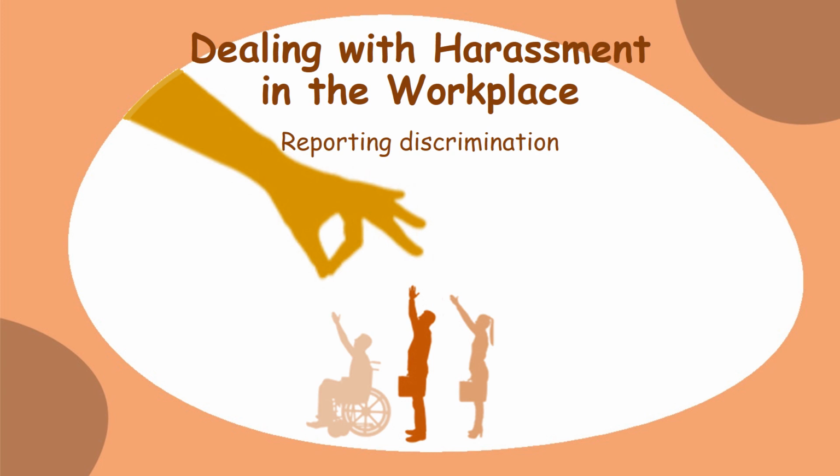Try to be as detailed as possible and keep a record of this. You might start with reporting the problem to your immediate supervisor, but if the problem is due to your supervisor, then it might be necessary to go directly to someone in human resources. Human resources is generally the people who would handle problems with discrimination and harassment.